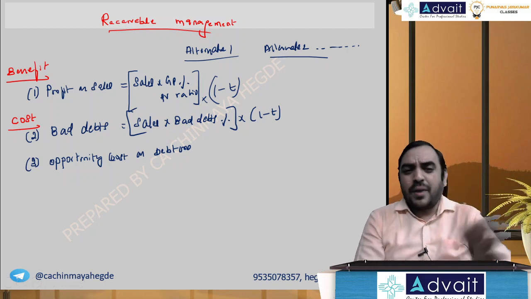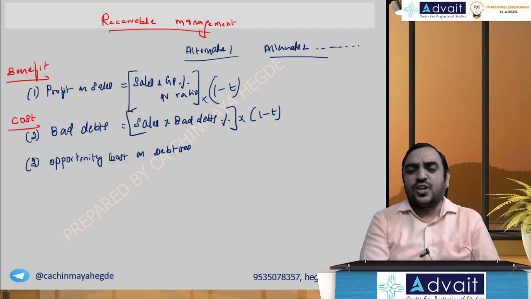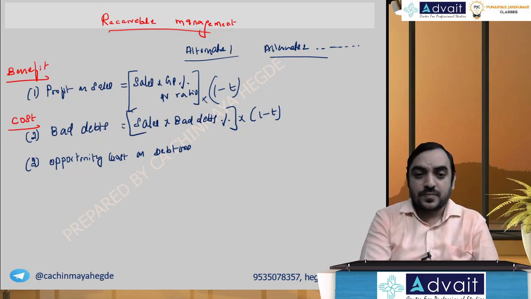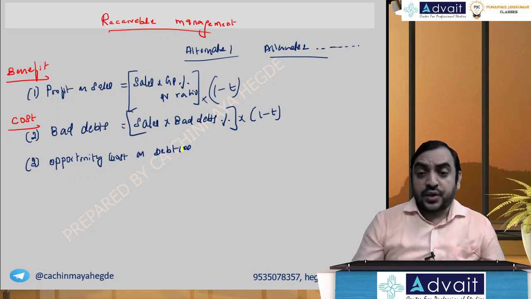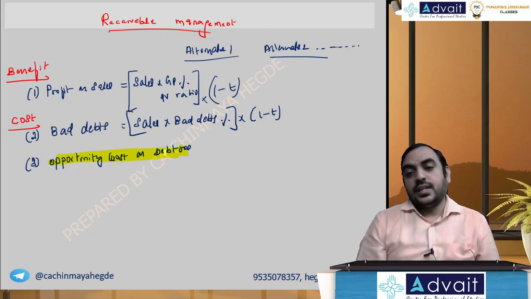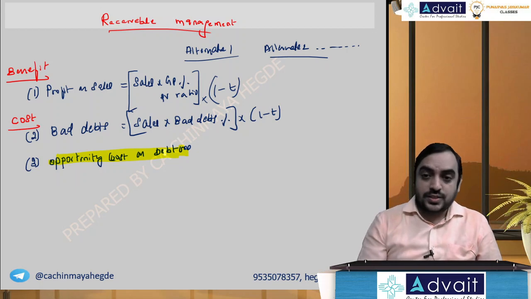Discount allowed, bad debts, I'll take it together. But usually they'll not give you a discount separately. Okay, this is the most important one. I see many people getting confused, making mistakes in this one, opportunity cost.